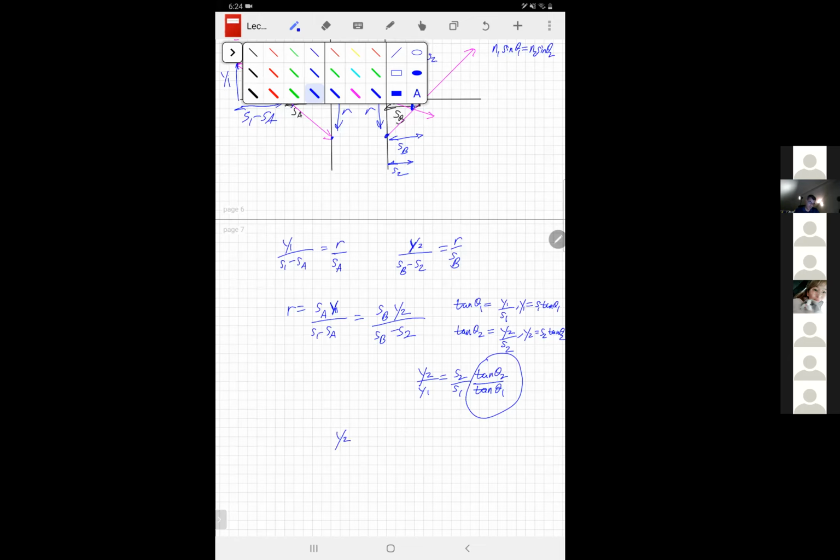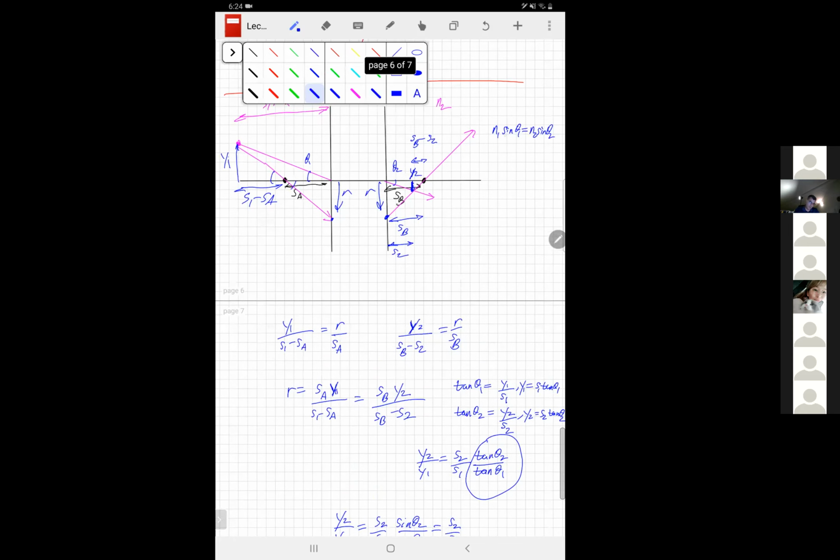So I could say that y2 over y1 equals S2 over S1 times sine theta 2 over sine theta 1. We have to work on the ratio of the sines.